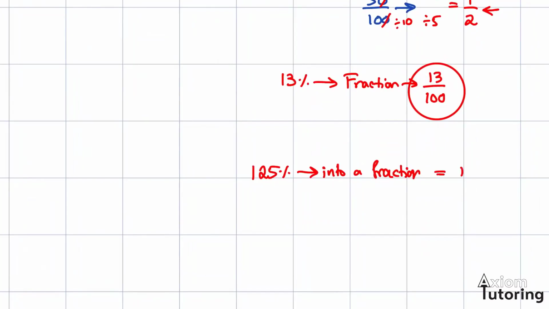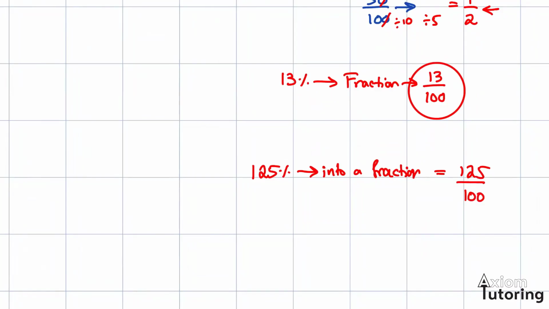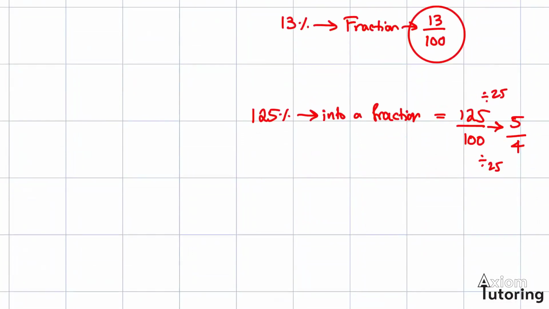So still 125 over 100. We can simplify down by dividing by 25. That'll be 4 in the denominator. And 125 divided by 25 is 5. 5 over 4, that's 1 and 1/4.